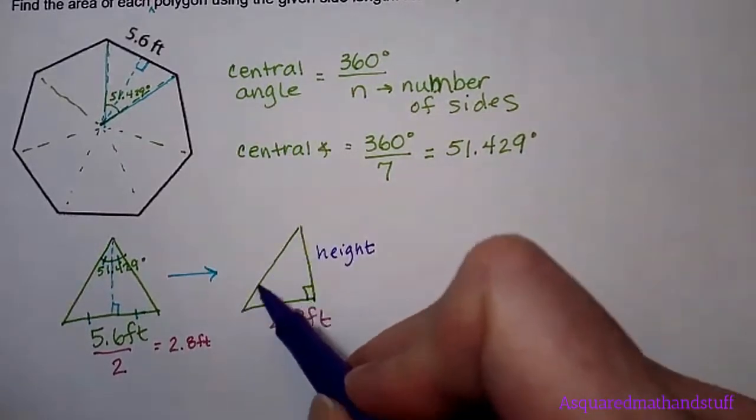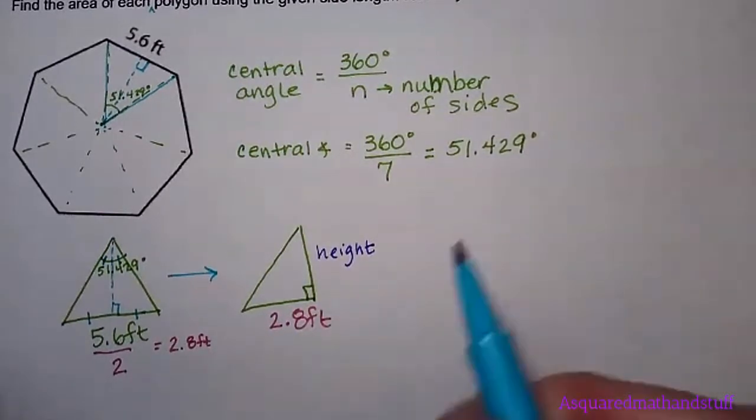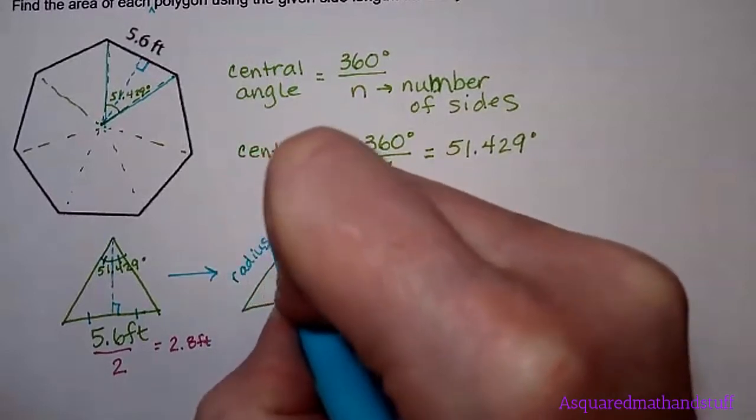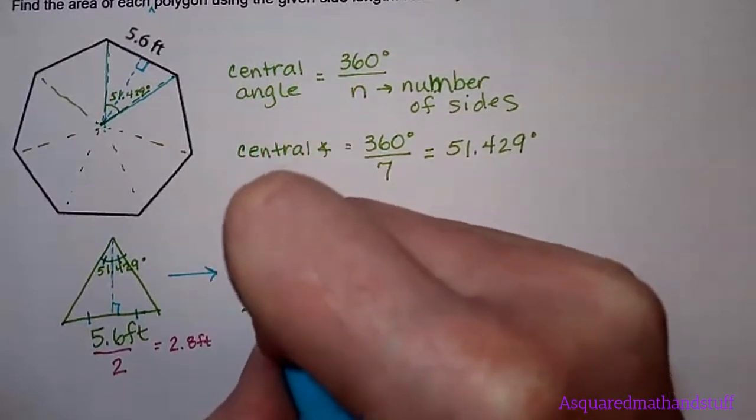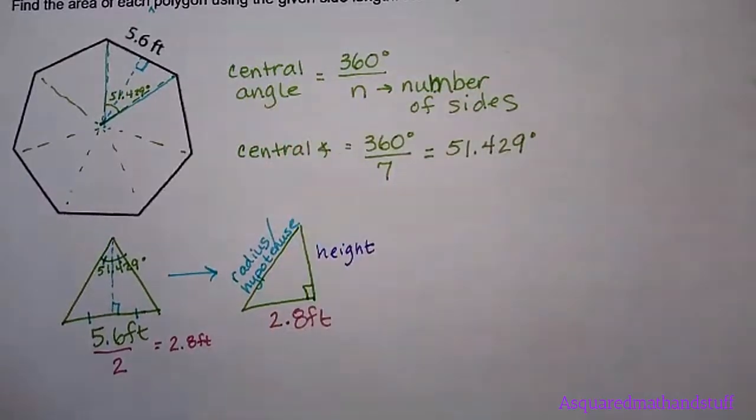This here is the radius, or the hypotenuse, of this right triangle. It's the radius of our polygon, the hypotenuse of the right triangle.